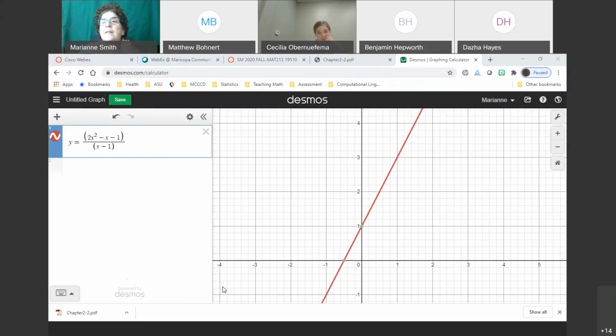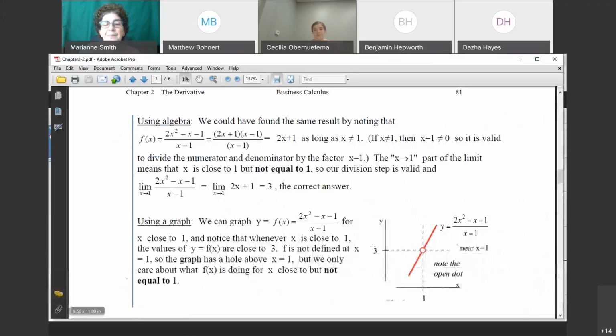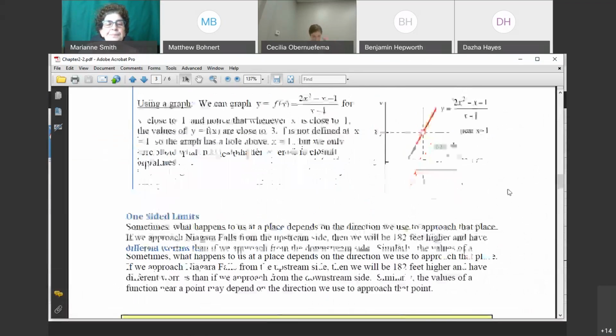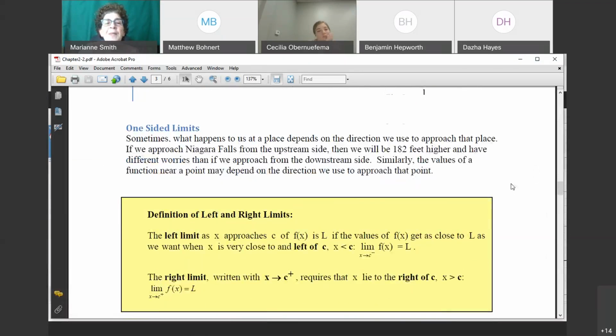All right, let me go back to sharing the Acrobat here, my notes. Now, what I told you to do when you were finding limits, remember, was approach the x value from the left and from the right in order to determine if the limit exists.